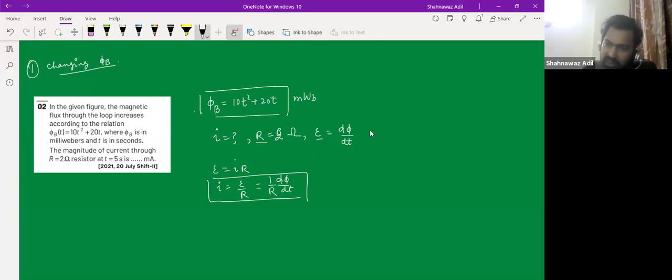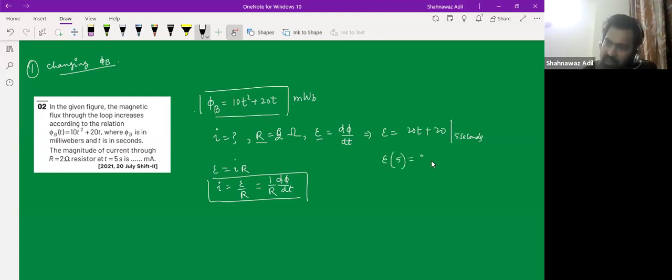Let's do that. So let's first find out what the EMF is. EMF is d phi by dt, which is 20t plus 20, right? And we have to find out this EMF at 5 seconds.